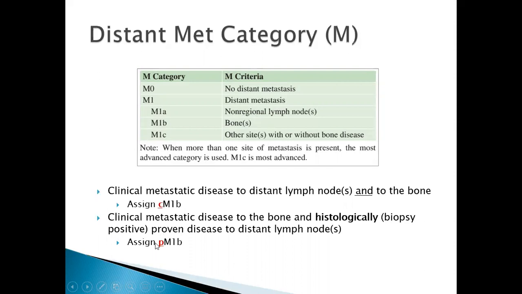So we assign a pathologic M1B. So if there is a biopsy of a distant site and that's proven to be cancerous, it is assigned a PM1 whatever. All you need for a pathologic M is a biopsy of the distant site.